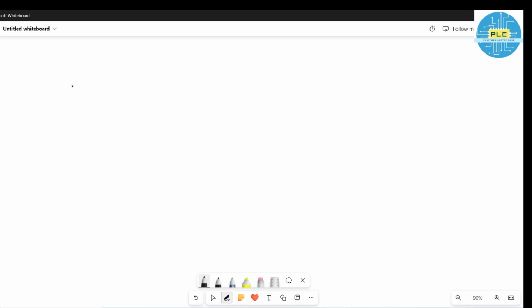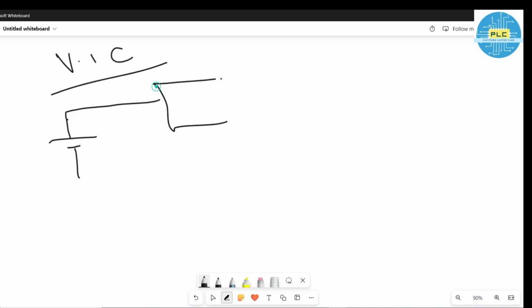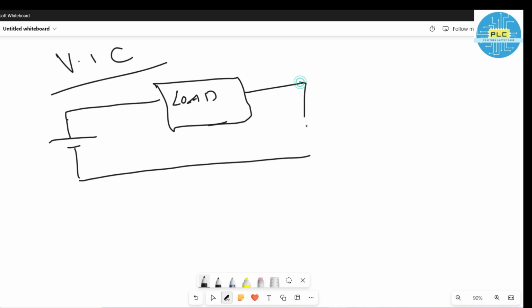See, voltage in a circuit. The topic is voltage in a circuit. I already told you this is the load. The load is connected to the ground. One is the positive point and the second one is the negative point.